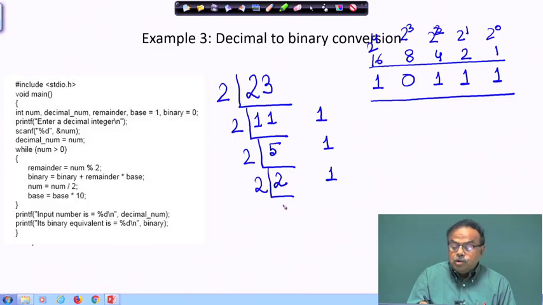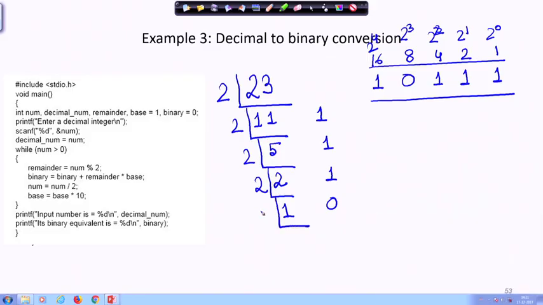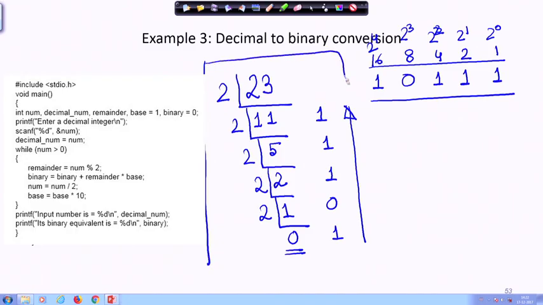Divided by 2, it is 1 and 0, and divided by 2, it is 0 and 1. So, I reach a 0, I stop and this is the pattern 1 0 1 1 1.